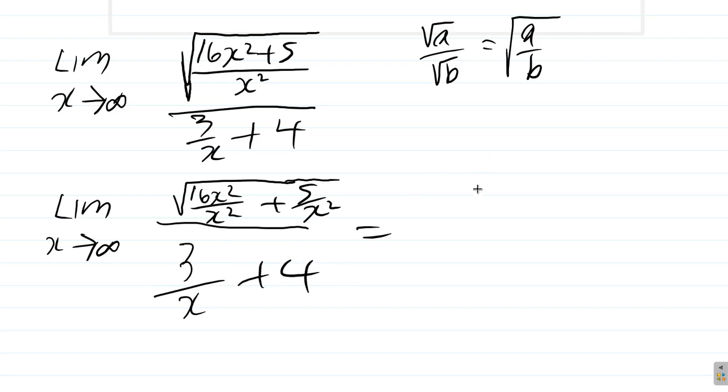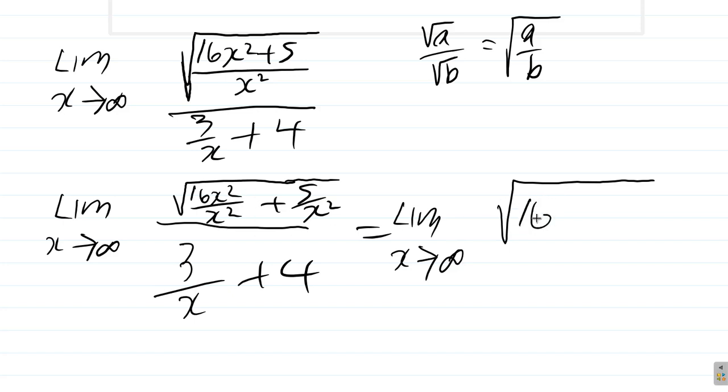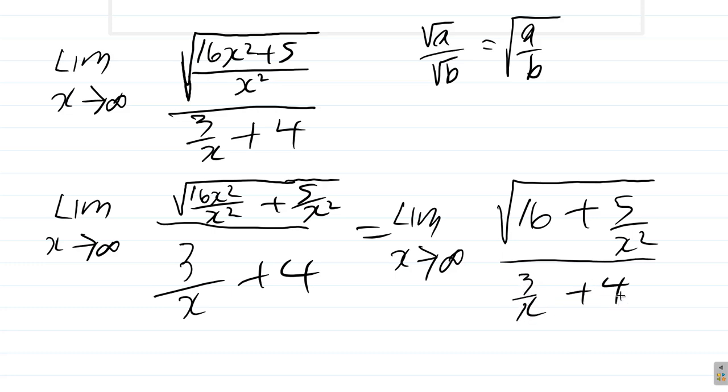So what happens here? This is equal to the limit as x tends to infinity of the square root of, these x squareds cancel, so it's 16 plus 5 divided by x squared, divided by 3 over x plus 4.